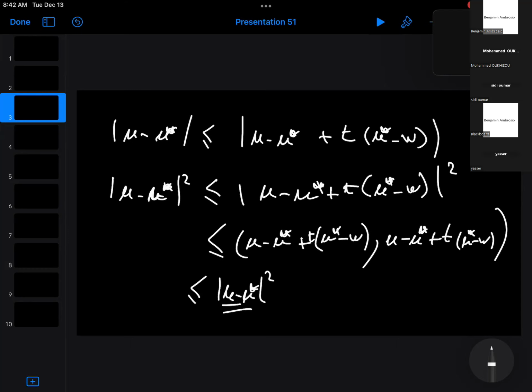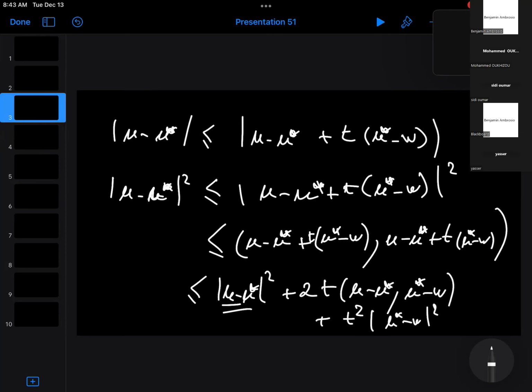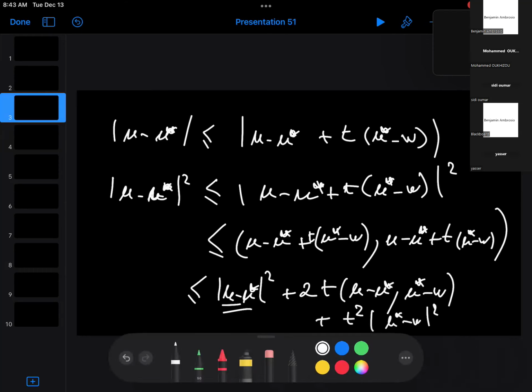Then I will get plus 2t times the scalar product of U minus U star and U star minus W, and finally plus t squared times the norm of U star minus W squared. So let us rewrite this equation. Notice that this cancels.